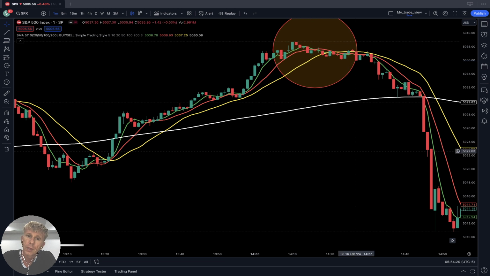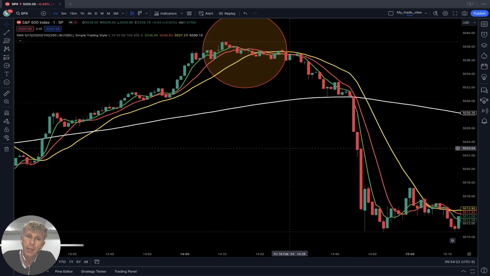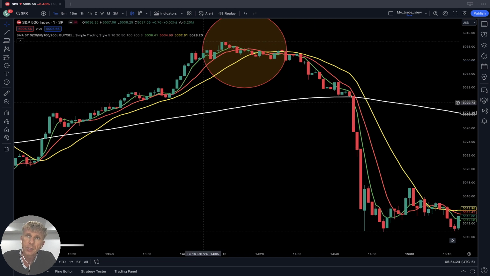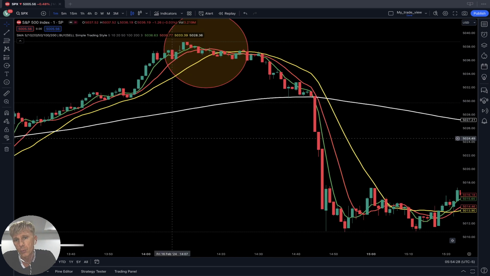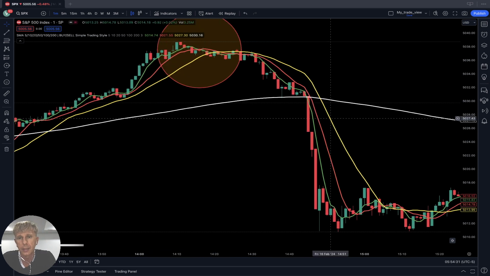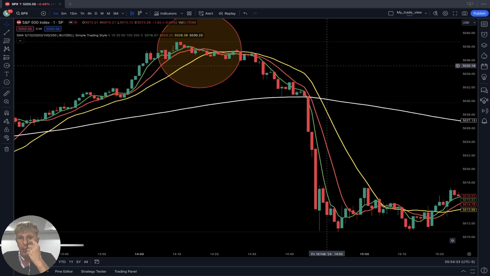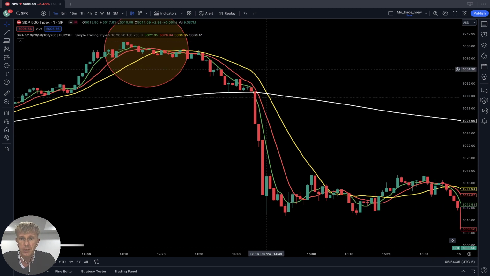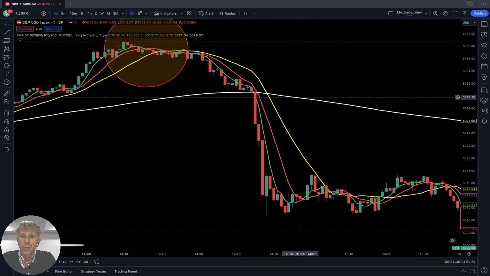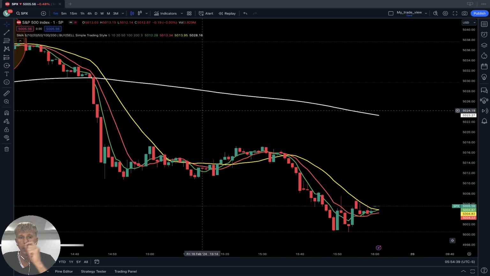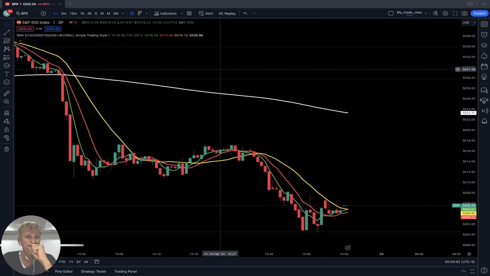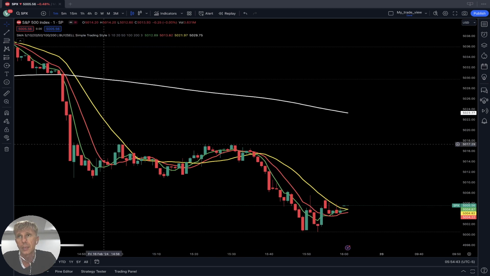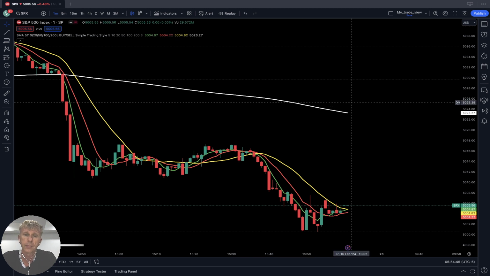And when the green line, red line, and yellow line are above the white line, it's always bullish. When the green line, red line, and yellow line are below the white line, it is always bearish. And you see, even 200 now is downhill. Downhill means it's bearish. When the green line, red line, and yellow line are below the white line, it is a bearish trend.